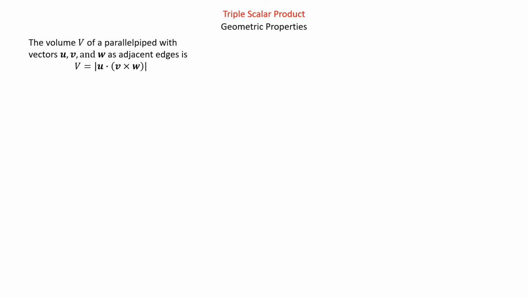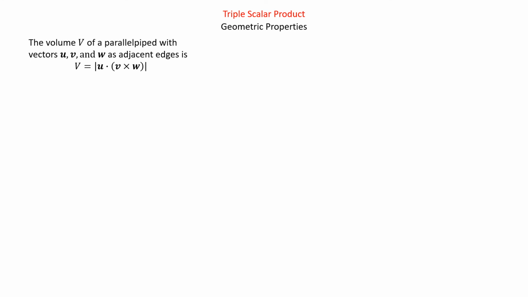It's absolute value because the volume is going to be positive, and depending on the order you put your vectors into your matrix, you might get a positive or you might get a negative. It's that whole u cross v is negative v cross u thing. And so we just take the absolute value because that'll give us that positive answer.